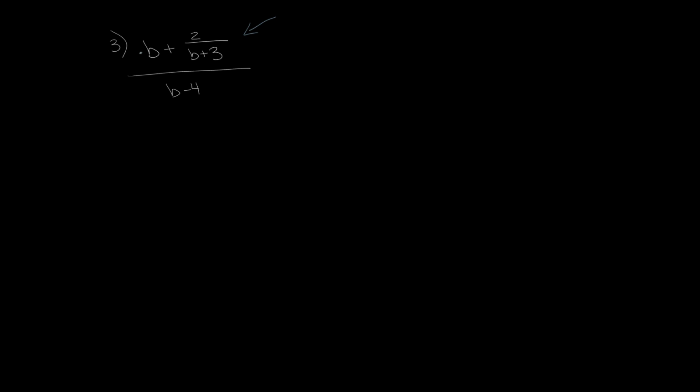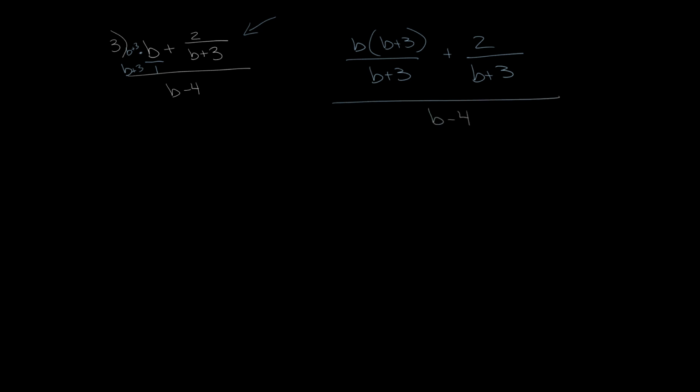So I need to multiply this by b plus 3 over b plus 3. So when I do that, I would get b times b plus 3 over b plus 3 plus 2 over b plus 3, all over b minus 4.